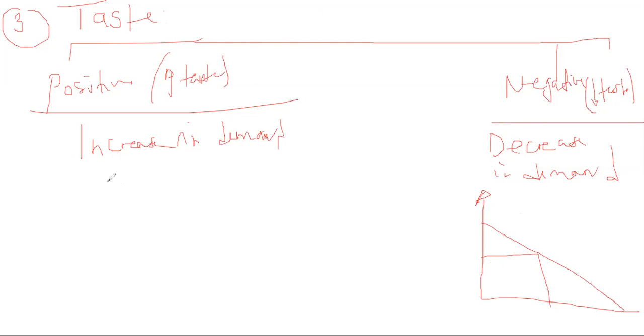Exactly. So there is no need for me to draw the graph. This means that the demand curve will shift here. So an increase in taste or positive taste means that the demand curve will shift to the right, like this. So another variable also is expectation. Expectation can affect our current demand for a product.